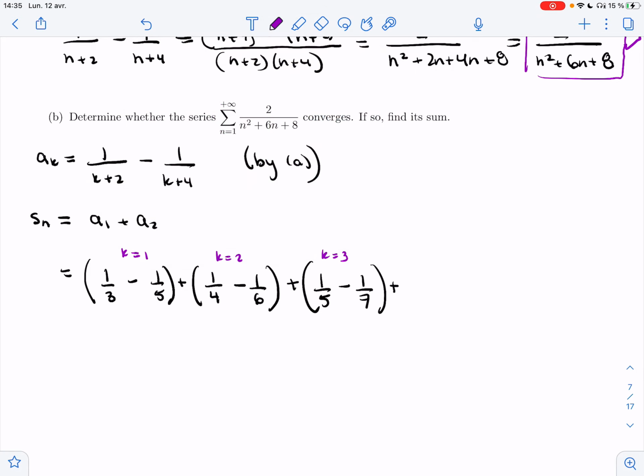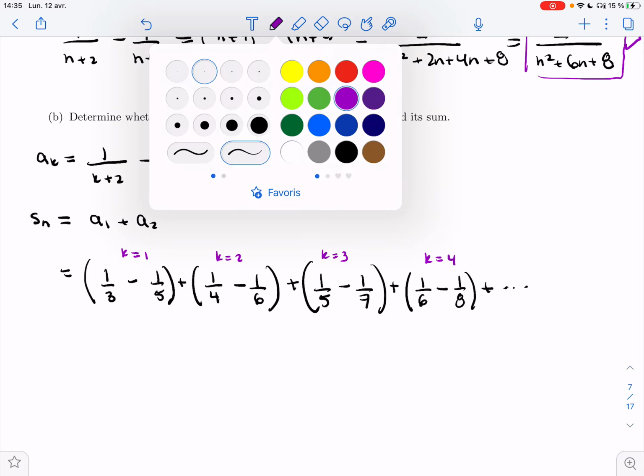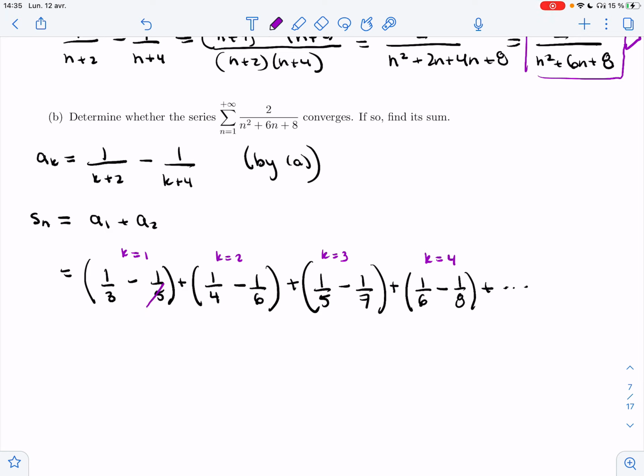And then k equals 4, I get 1/6 minus 1/8. Let's try to understand this cancellation. We see 1/5 cancels with the term 2 terms later. Same thing, 1/6 cancels with 1/6 2 terms later.